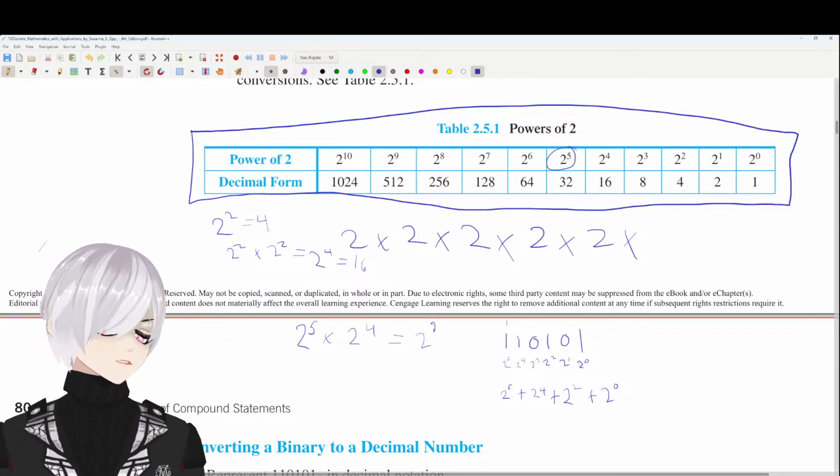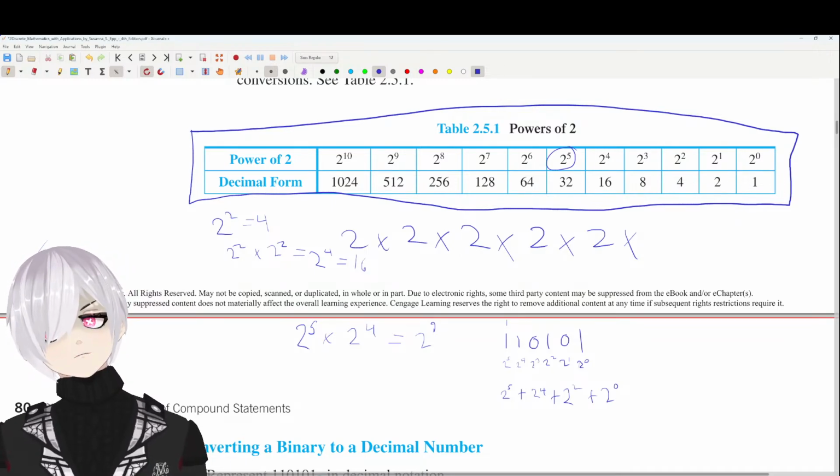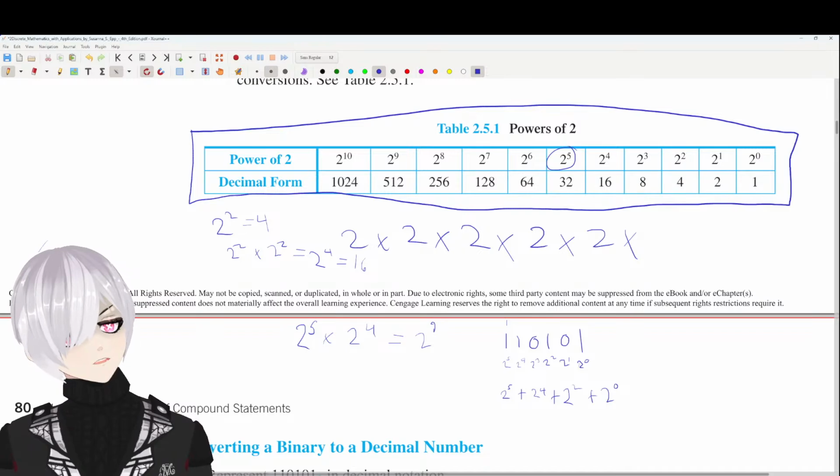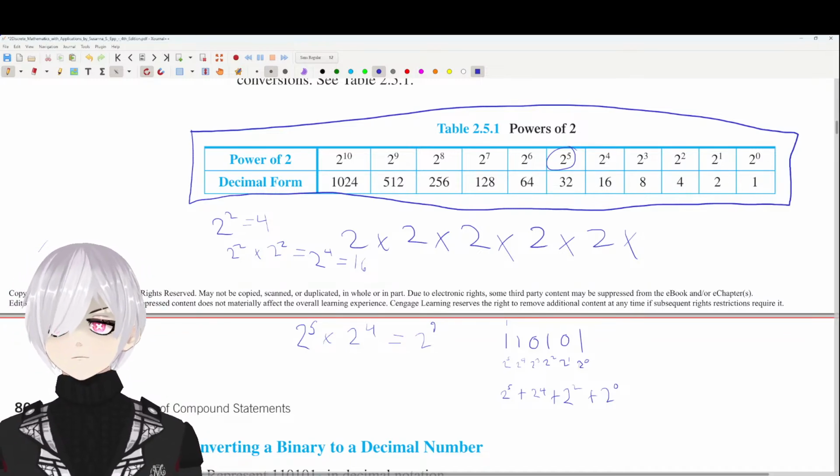Okay. I swear there was some equivalence. Maybe they'll bring it up later. Wasn't there something called factorial? Oh, like factoring?